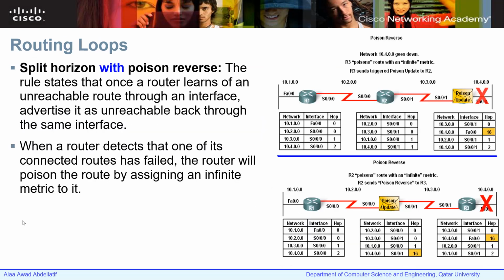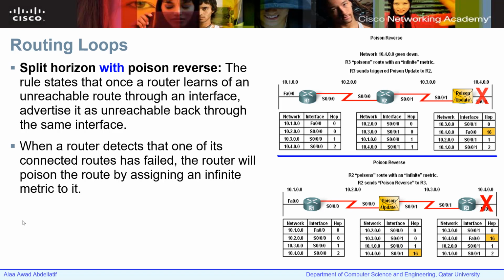The updated or new version of this method is split horizon with poison reverse. In this case, to be more conservative and also avoid routing loops, when I find this link unreachable, I will set the number of hops to the maximum, and I will send a poison signal to all other routers: this route is unreachable.